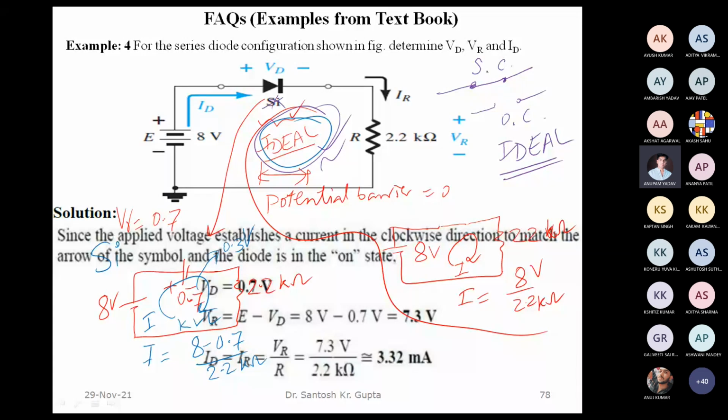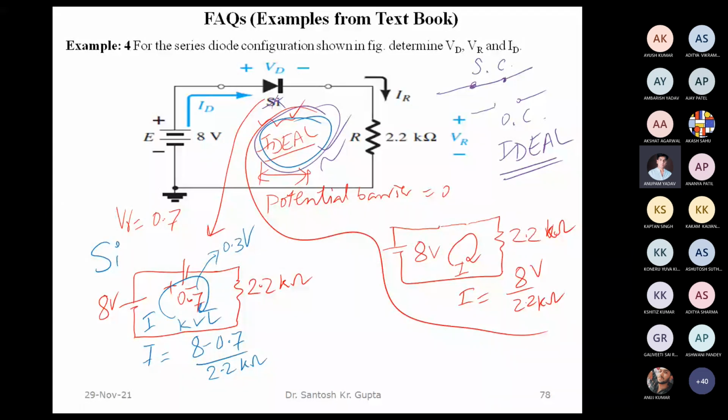What we can see here, and this is important, is the case where we find these values using the graphical method. When you use the graphical method, we need the characteristics, voltage versus current.